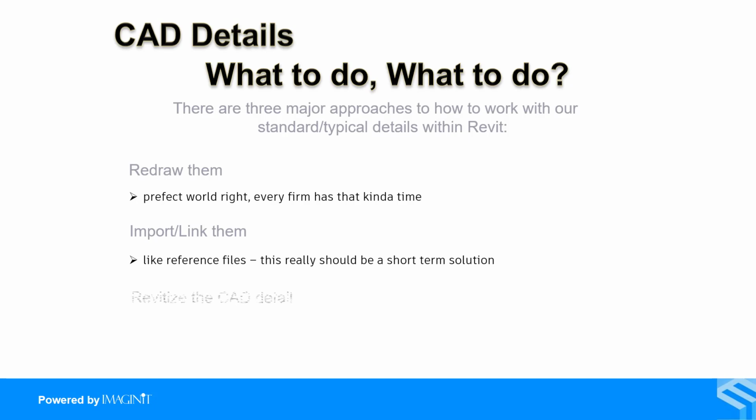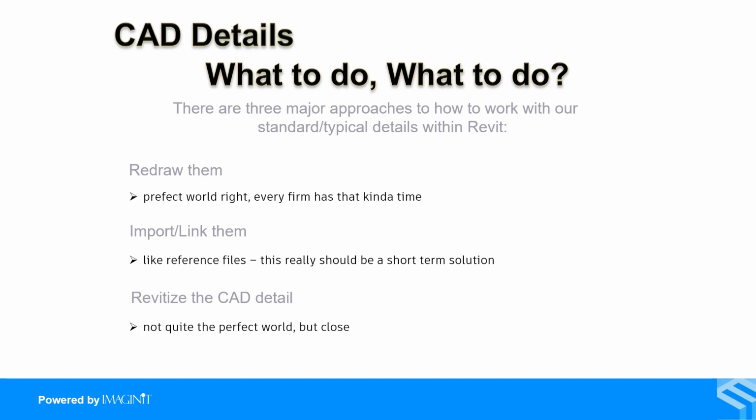The third methodology is to Revitize the detail. We need to have more Revitization as we're going through. I'm sure there's a whole bunch of other terms that I could put the word Revit in front of, but basically what we're talking about is taking the detail, and in the idea of Revitizing the CAD detail, there's kind of two processes.